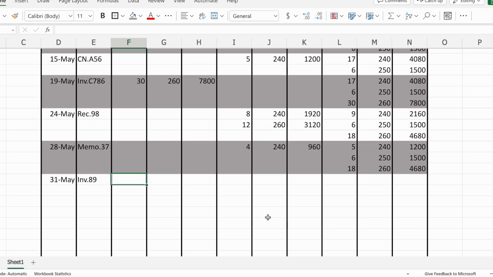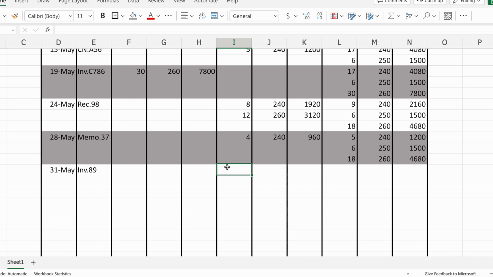So in the out section, there's 15 going out for 260, and total of 3,900. And then when you record the balances, this remains the same, $240 inventory, and the $250 one also remains. But there's a change to the 260 one.